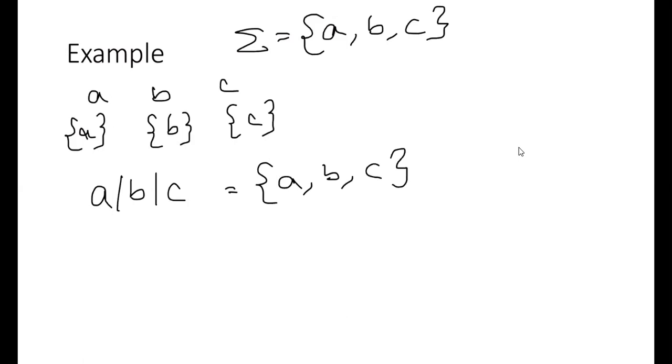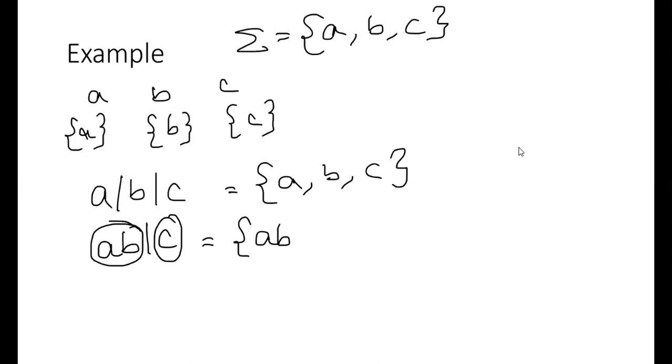Then suppose I write something like this, AB or C. That means, look at this, this is what? This is concatenation. This part is concatenation. This comes from the basic definition, from the concatenation operation.